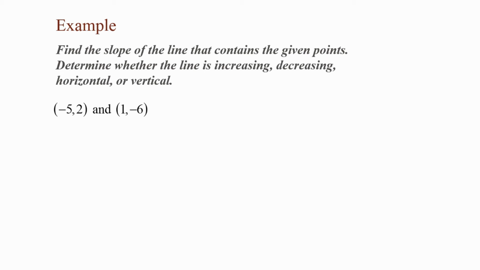In this example, we want to find the slope of the line that contains the points (-5, 2) and (1, -6). We're going to determine if the line is increasing, decreasing, horizontal, or vertical. We're going to use our slope formula. We're going to let -5 be x1, 2 be y1, 1 be x2, and -6 be y2.